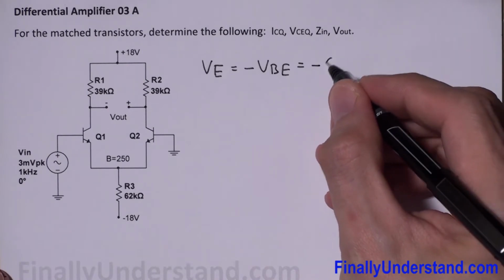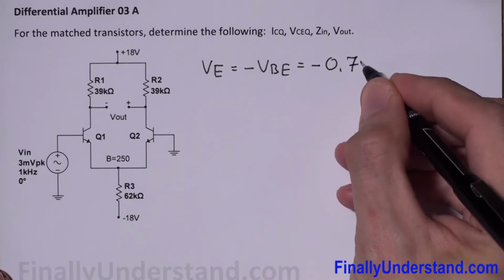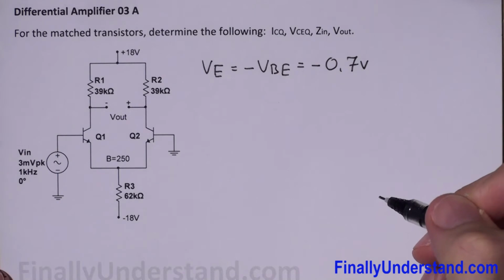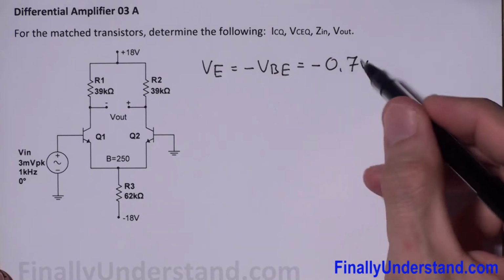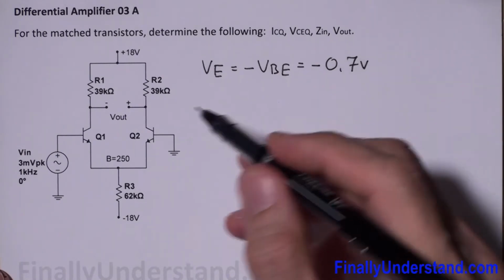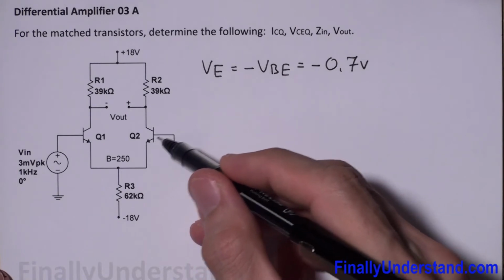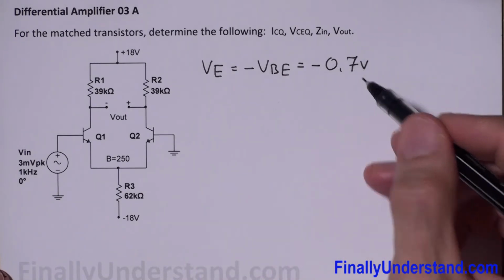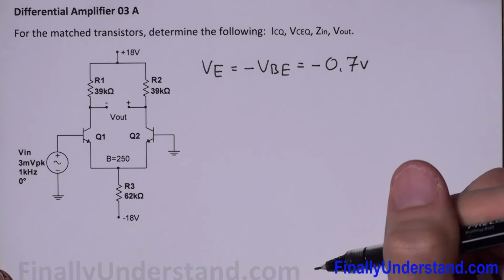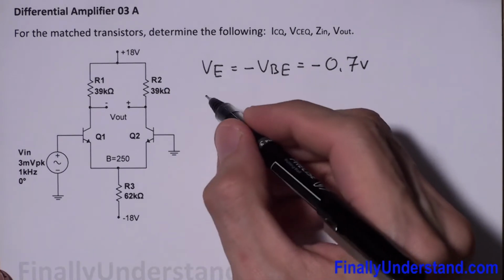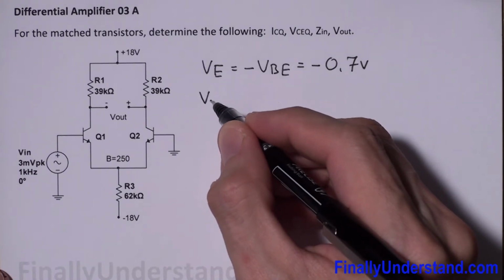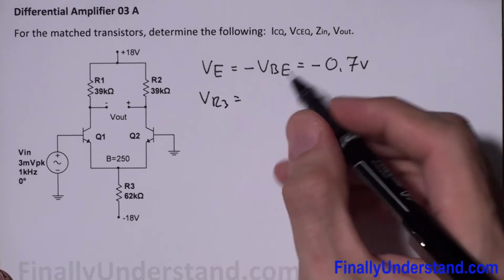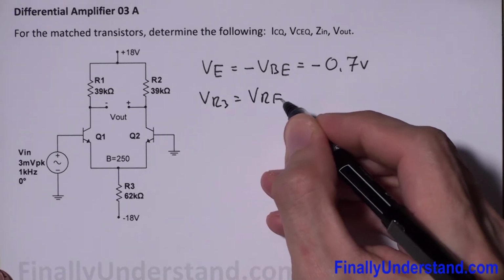So this is negative, we'll assume 0.7 volts, negative 0.7 volts. Most of the time we are going to assume that the voltage between base and emitter is equal to 0.7 volts if it's not specified differently. Next, we're supposed to find VR3, which is also called VRE.